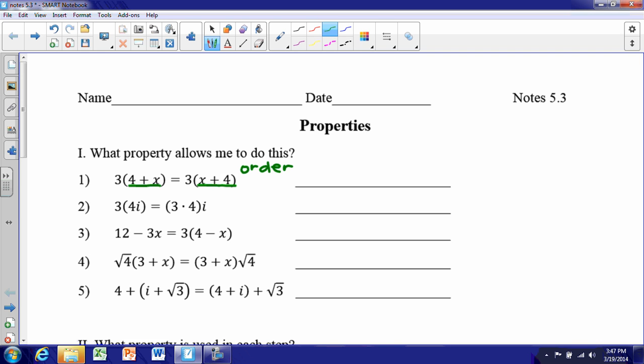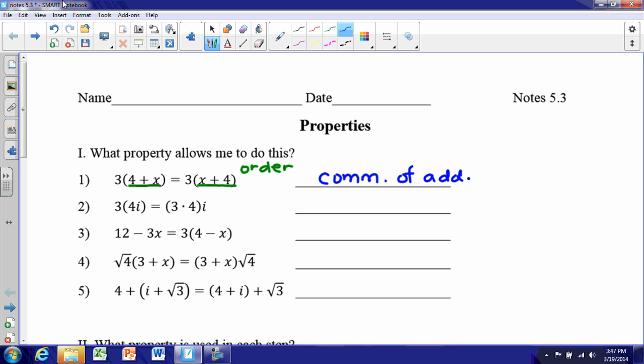I have to remember which property goes with order, and I know that is the commutative property, and you can abbreviate COMM, but commutative has 2. It could be addition or multiplication, so we have to think about what changed. That was x plus 4, so that's commutative of addition. And you can abbreviate addition ADD.